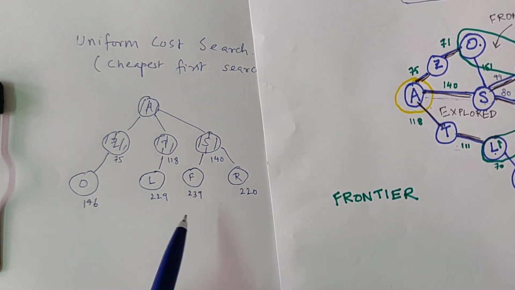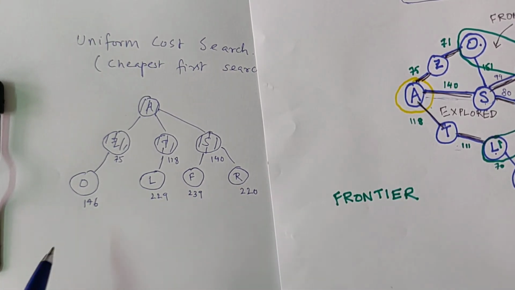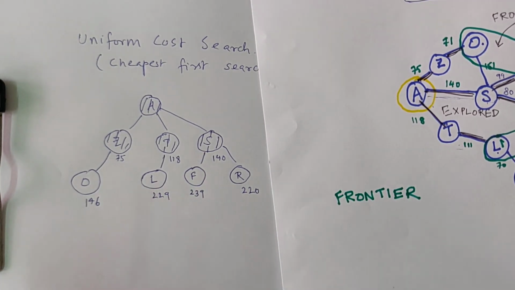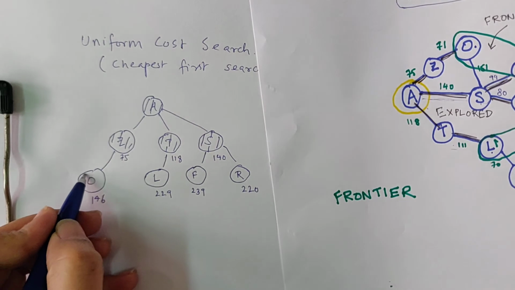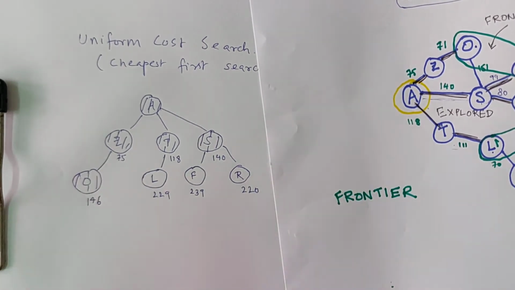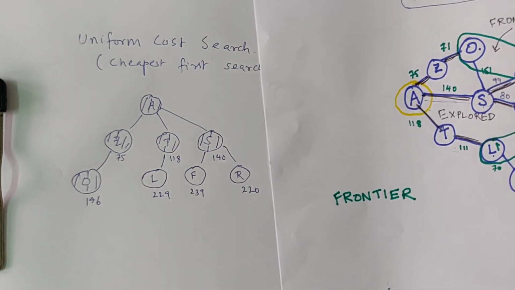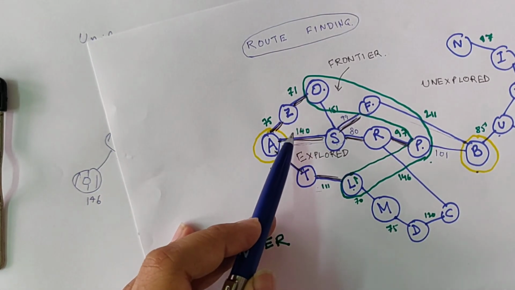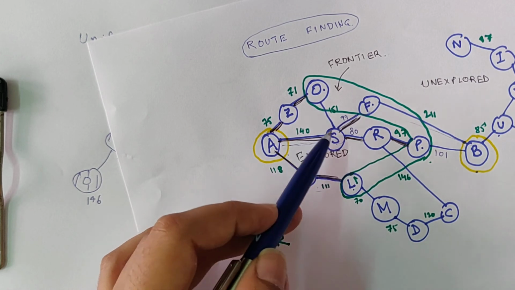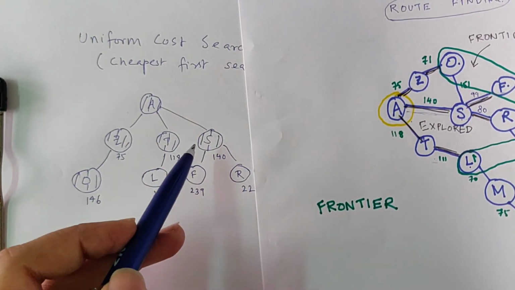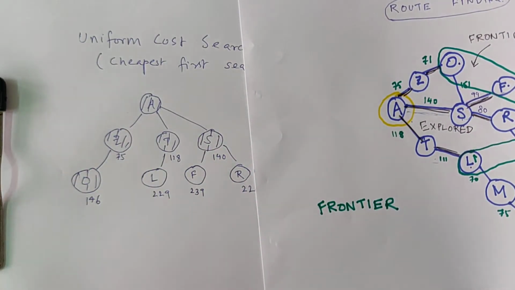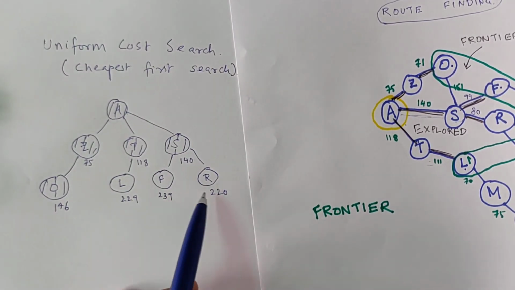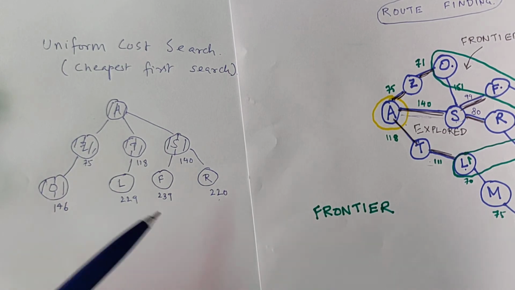So my frontier is now O, L, F and R. Which one should I open? I should open O. By opening O, I can go to either Z or S, both of which are explored, so nothing to add. So now my frontier consists of L, F and R. Which one should I open? R.